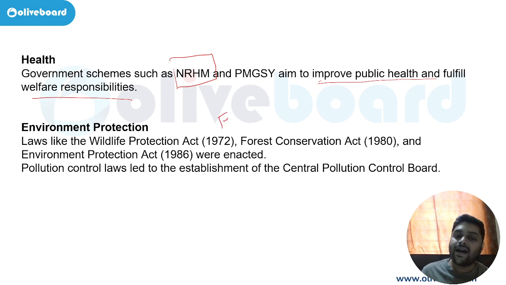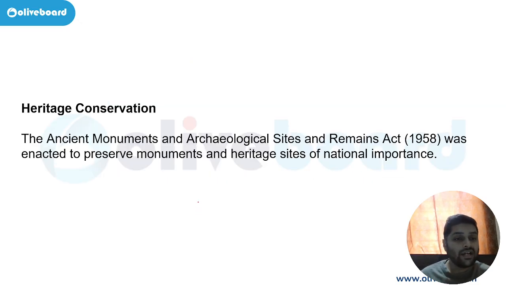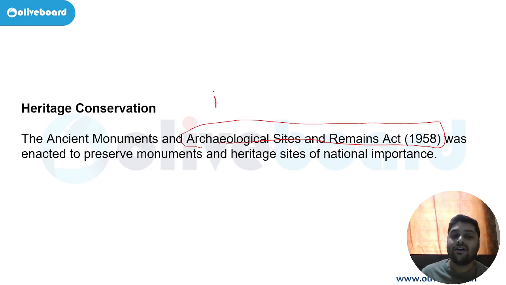For the environment, we had the Environment Protection Act 1972, Forest Conservation Act 1980, Environment Protection Act 1986, and Wildlife Protection Act 1972. So this is how the government of India implements the DPSPs via other laws. Okay. Also, we have the Archaeological Sites and Remains Act 1958, for archaeological conservation.